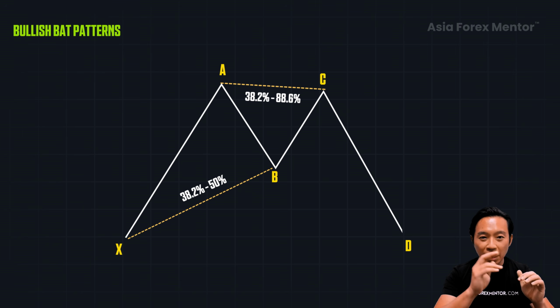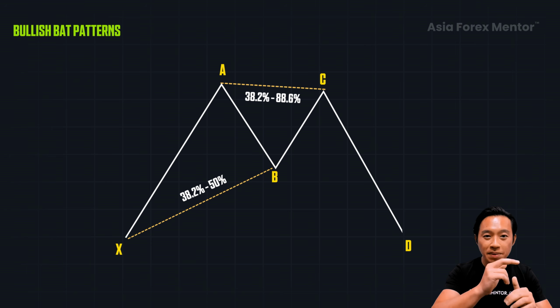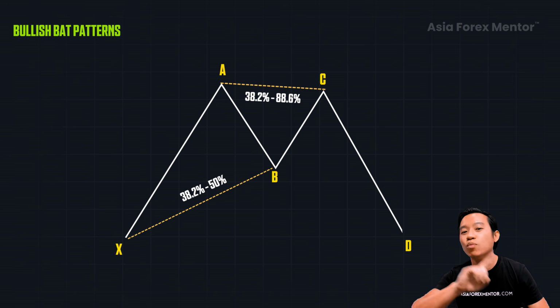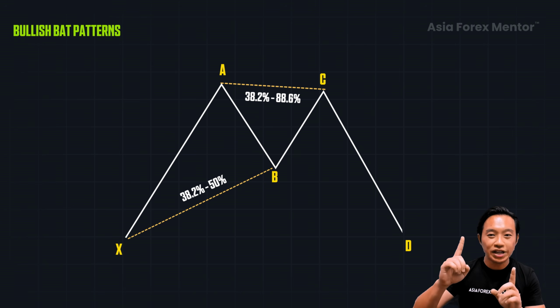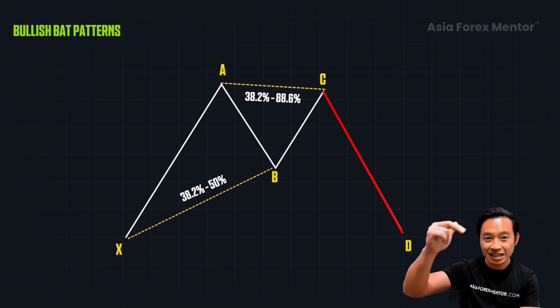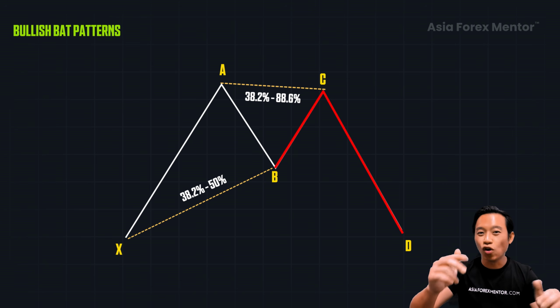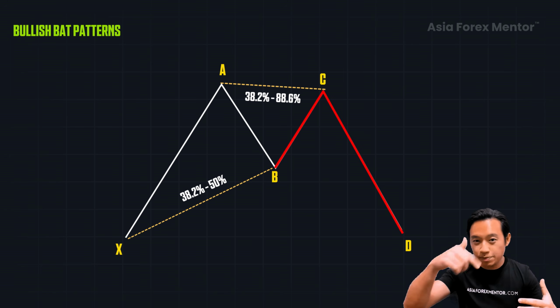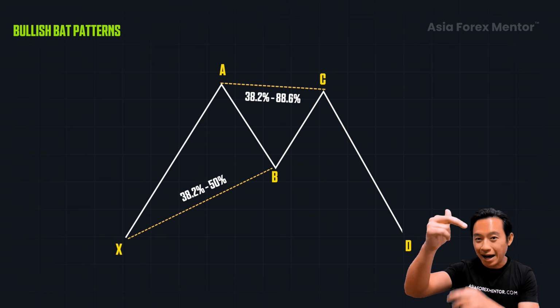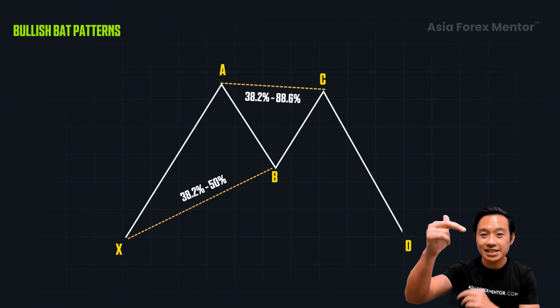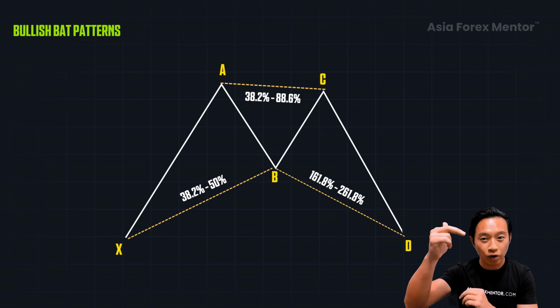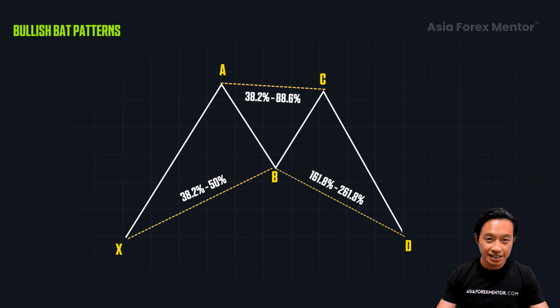Now, if the BC and AB ratio is valid, you move on to the next step, checking the ratio of CD compared with BC. For a valid bullish bat pattern, the CD move must extend between 161.8% and 261.8% of the BC leg.